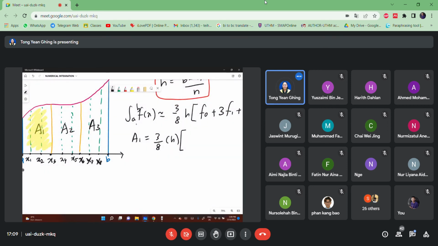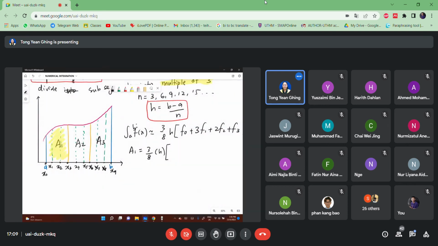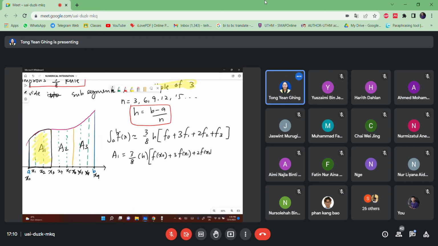So if this one, it will start with the Fx0 plus with 3 F1 di tengah. The first one is Fx1 plus with 2 Fx2 plus with Fx3.